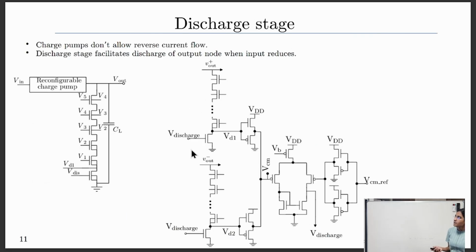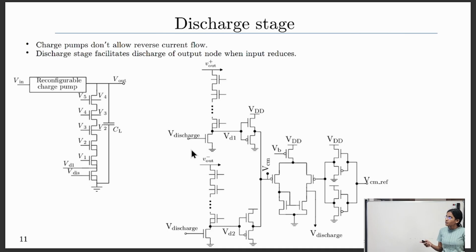Next, charge pumps don't allow reverse current flow. So we have a discharge stage that will facilitate the discharge of the output node when the input reduces. For that we have stacked transistors which will be driven by the intermediate voltages of multiple stages of the charge pump. We have chosen voltages such that none of the transistor junctions break down.